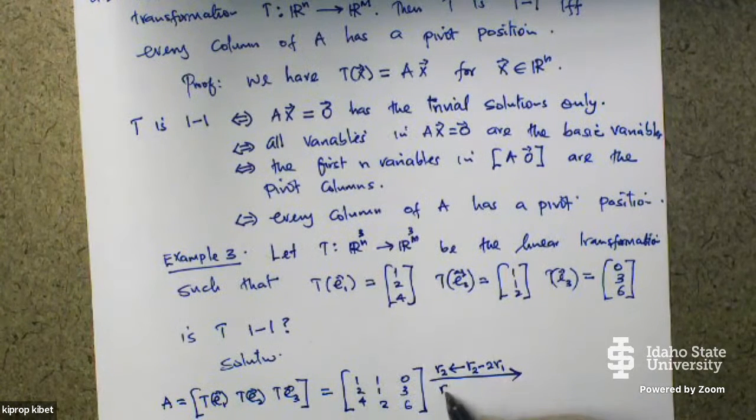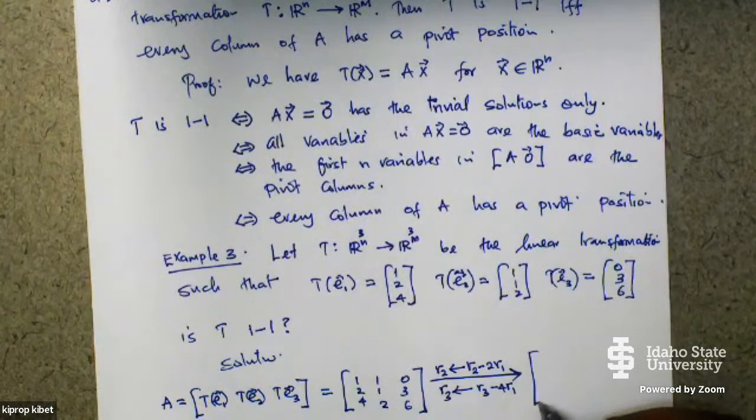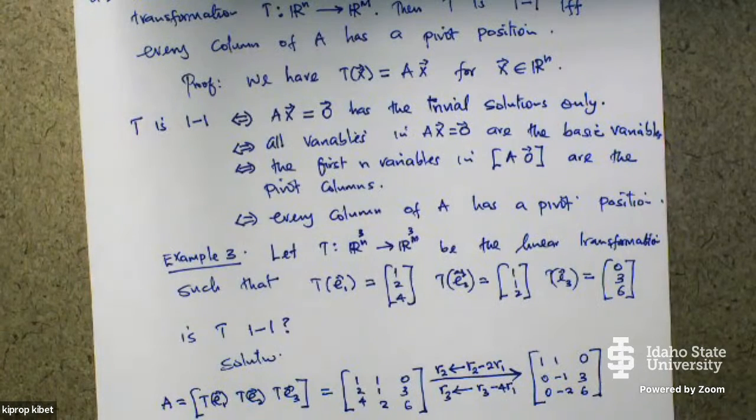To get a new R3, we take R3 minus 4 R1. So what you get is 1, 1, 0, then 0, negative 1, 3, and then 0, negative 2, 6.